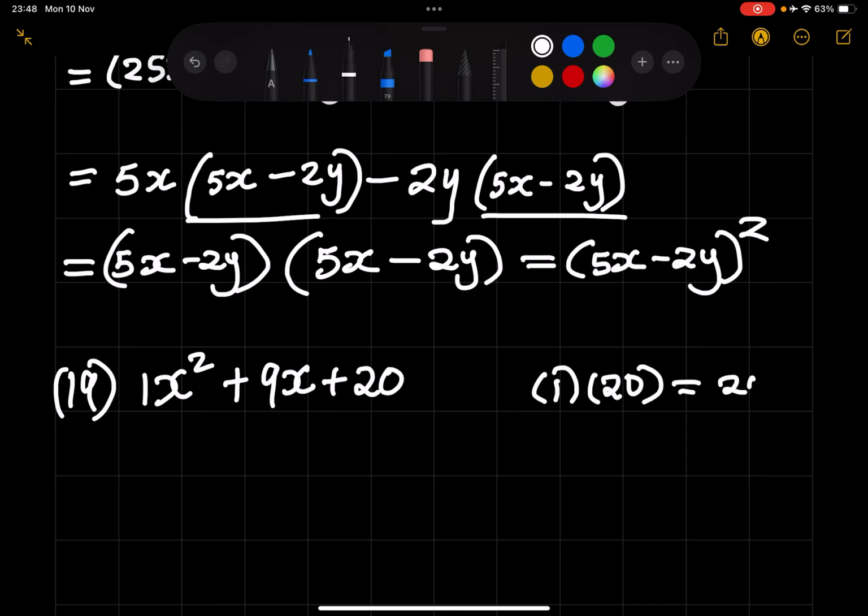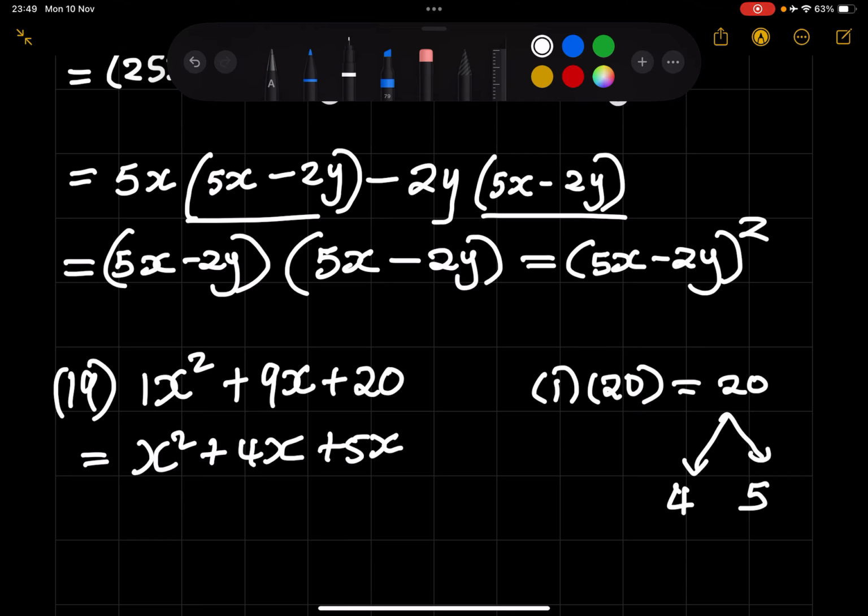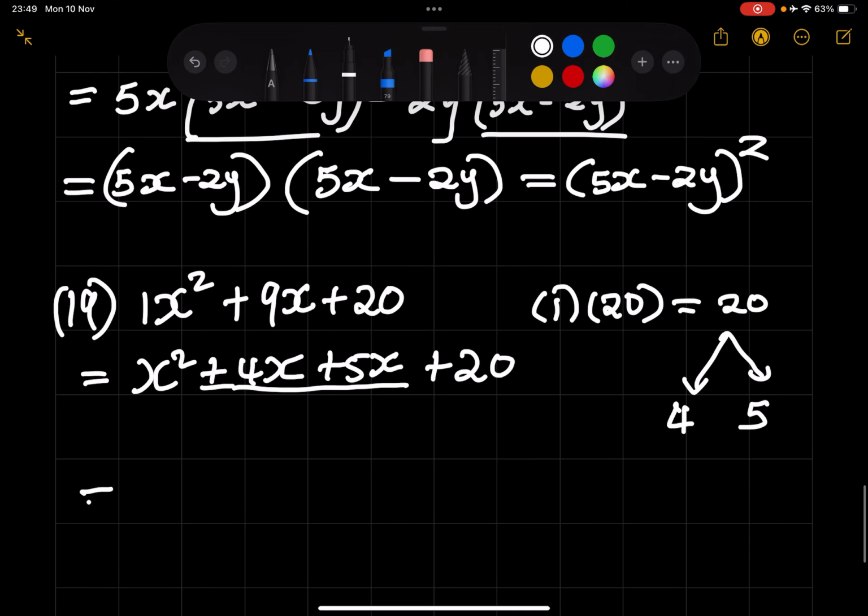Our answer is 20. We're going to look for two factors of 20 that add up to positive 9. Those factors are 4 and 5. Then we replace the middle term by 4x plus 5x plus 20. Please note that this is still 9x. We haven't changed the meaning of the expression.